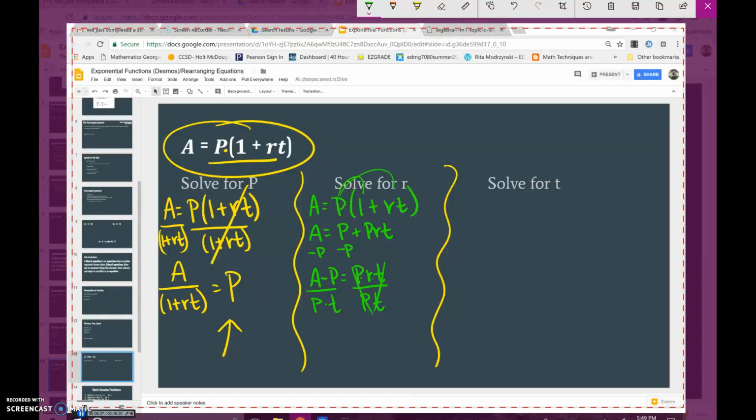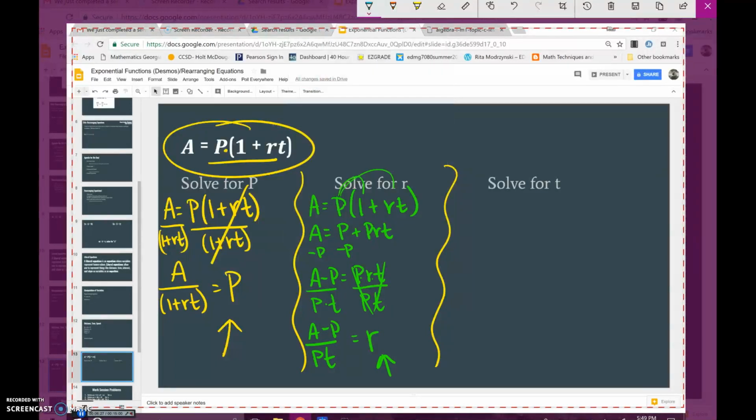So cross those out. We have R equals A minus P divided by P times T. And we're all done. Again, R is by itself, and all we did was manipulate our numbers, add, subtract, multiply, divide, to get them by themselves. We moved them around just like numbers.